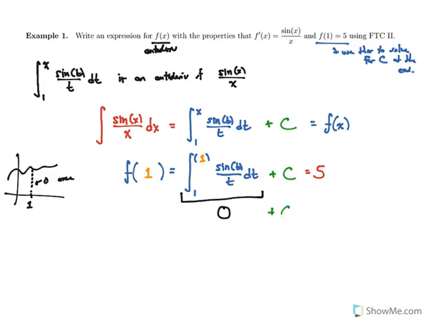Then we have plus c equals 5. So here c equals 5. So an expression for our function will be the integral from 1 to x of sine of t over t dt plus 5.